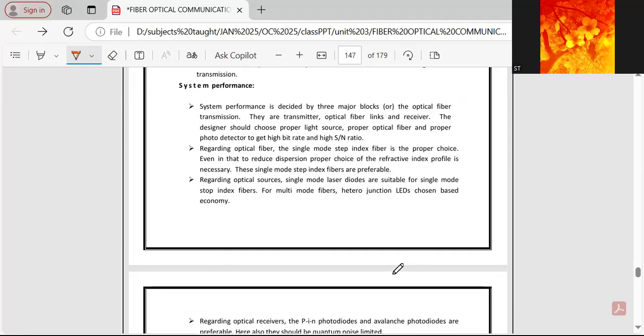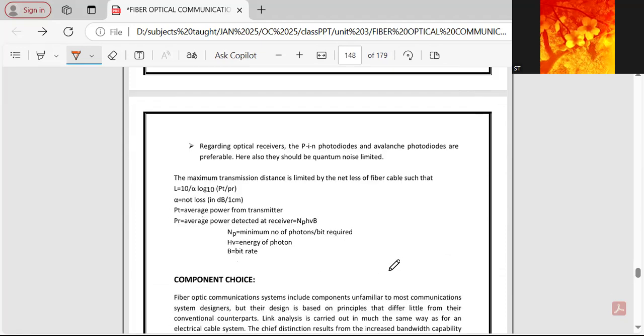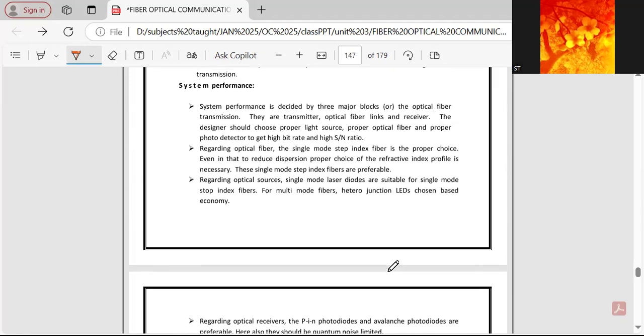Now again, if we want to analyze the system performance, before that we must know what are the different parameters or different components used in the designing of the system. So for optical system designing, transmitter, optical fiber links and receiver. These are the three major blocks of any optical communication system.